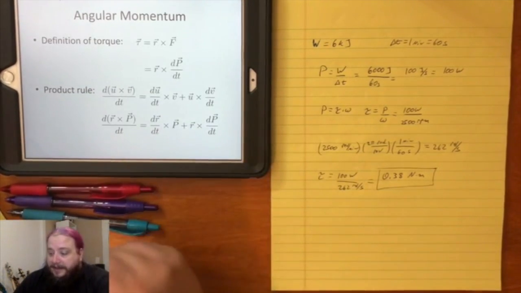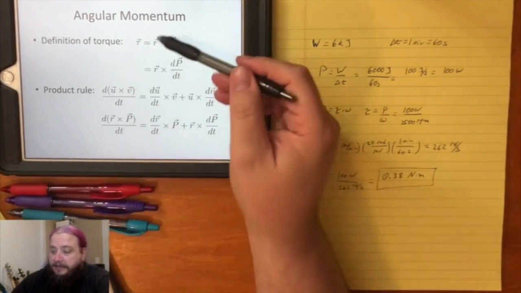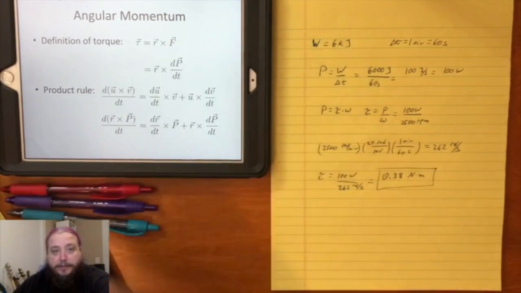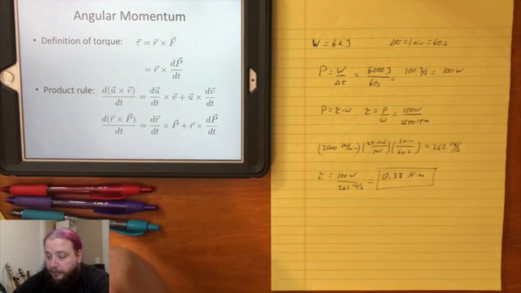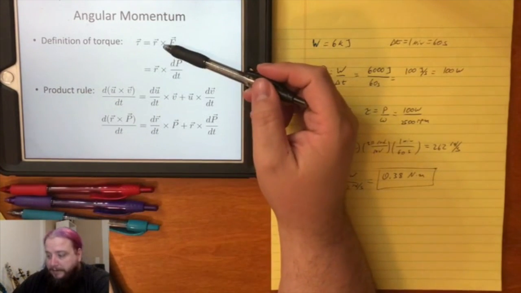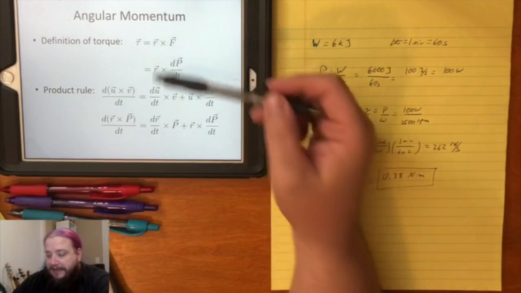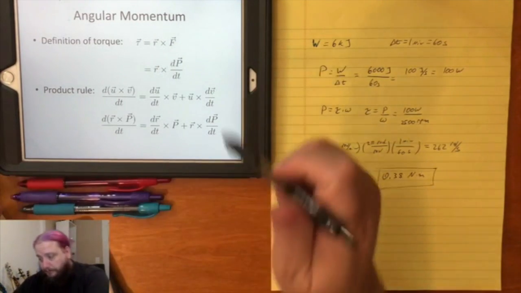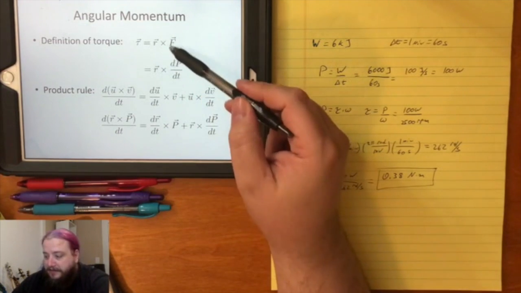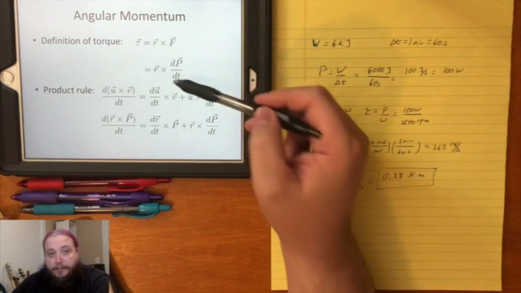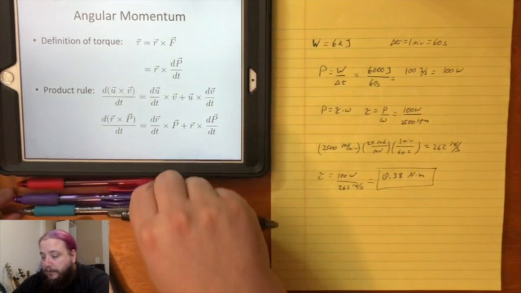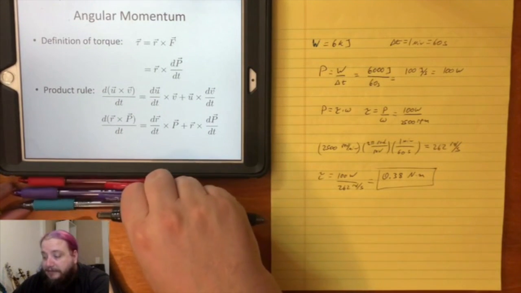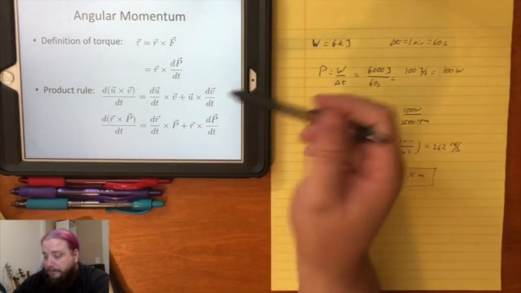Well, the definition of torque is that it is r crossed with F, right? That was how we got torque, by applying a force at some distance r from the rotational axis, and we can replace F with its momentum equivalent, that F is the rate of change of the linear momentum.